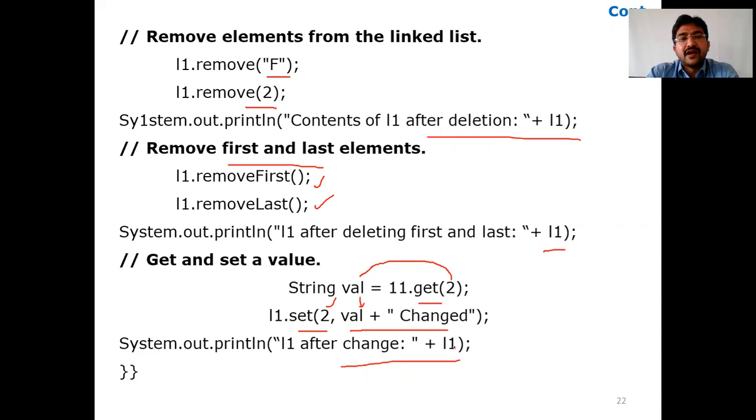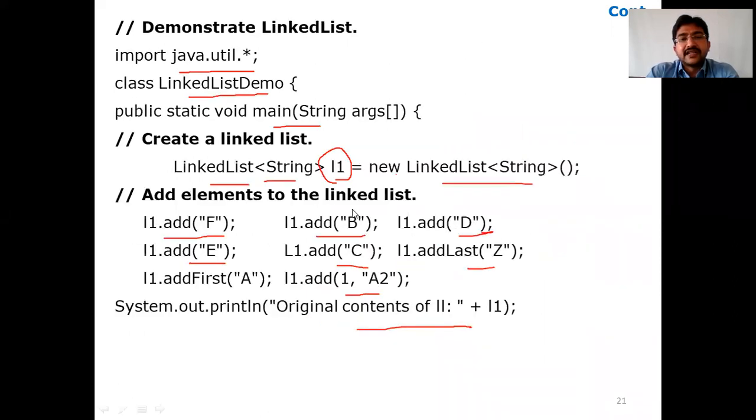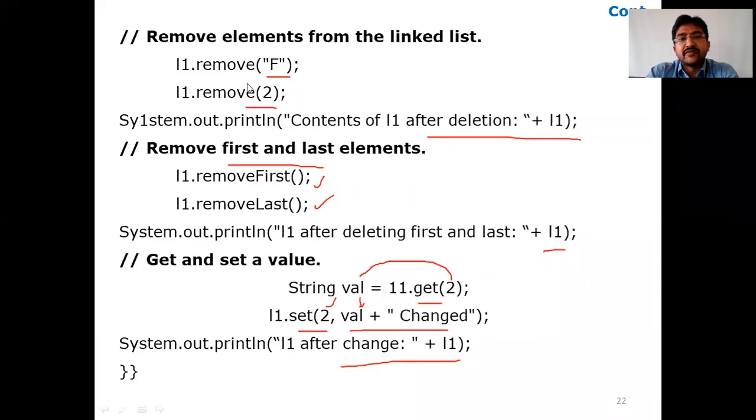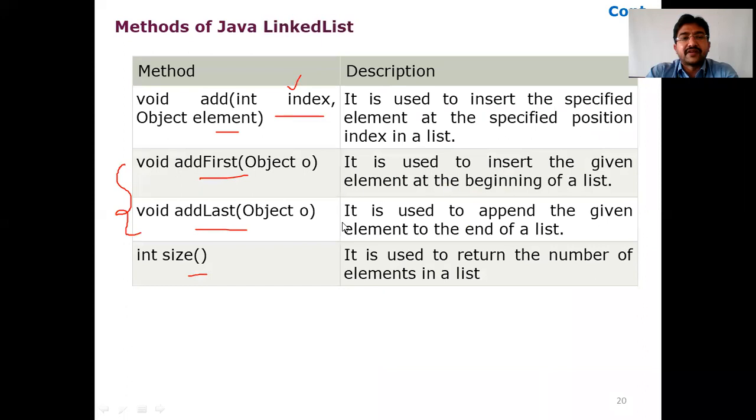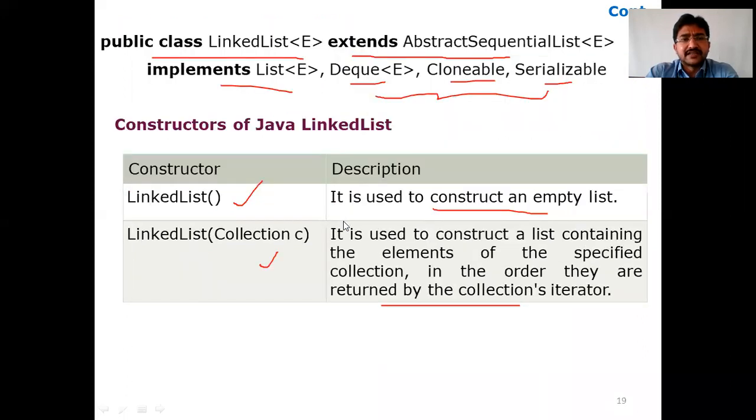So this is the program: creating a list, adding the elements, removing by the element itself or by index, removing the first element, removing the last element, getting the elements, setting the elements. That is the program for this linked list. Sorry, this is the normal linked list over here.